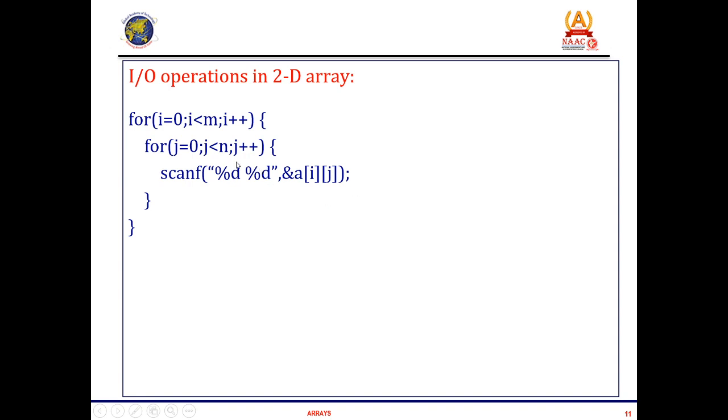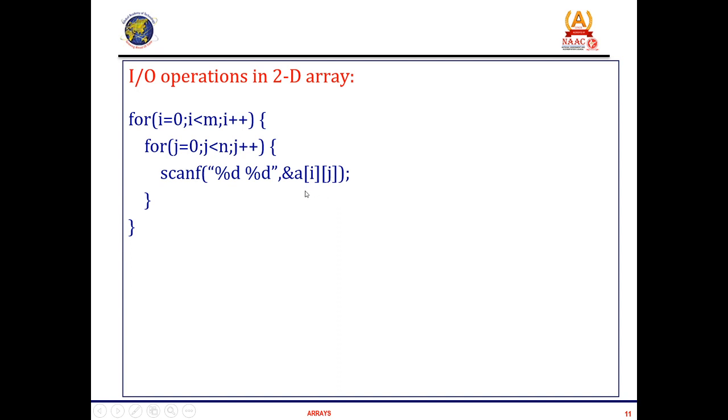And once the control comes out of this inner for loop, the control goes to i++. The increment counter executes with respect to the outer for loop and the value of i will be incremented. But once the value of i is incremented, the value of j is reset to 0, and hence this scanf, whatever element you enter, will be stored in A of 1, 0.